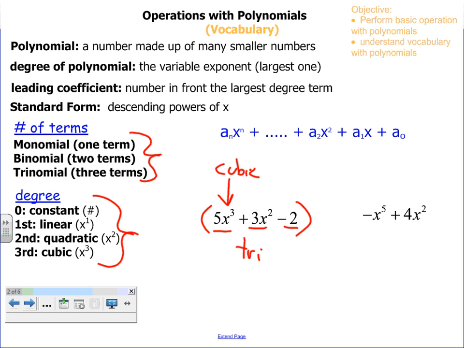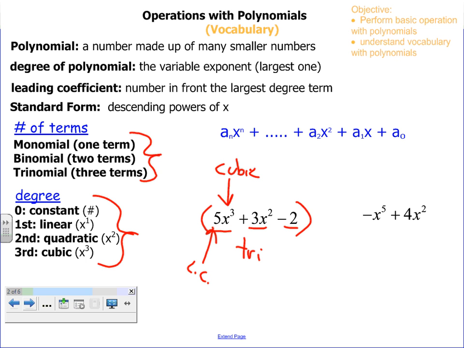So we would call that a cubic trinomial with a leading coefficient of 5, and the degree is determined by the fact that it's x cubed. Even though it has an x squared in it, that doesn't mean it's a quadratic. It's just part of the number. The one that trumps it is the x cubed. Just like the $5 million, yes, you have thousands of dollars in there, but it's a $5 million number with change.